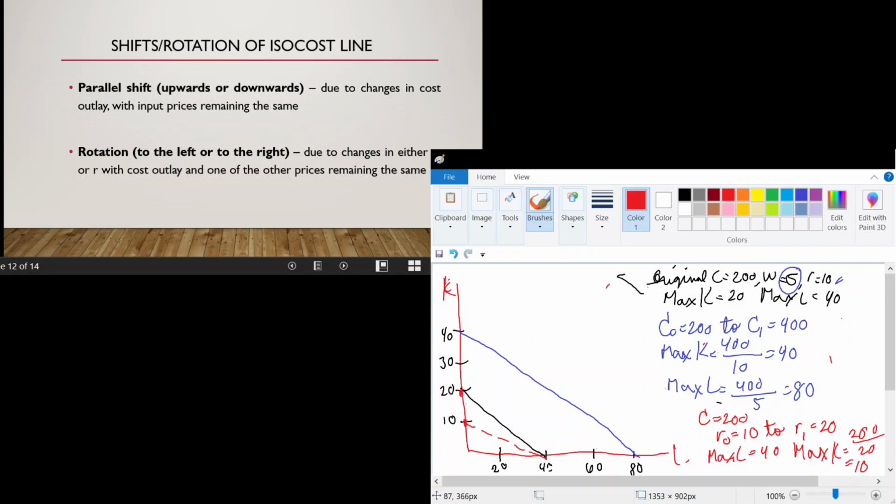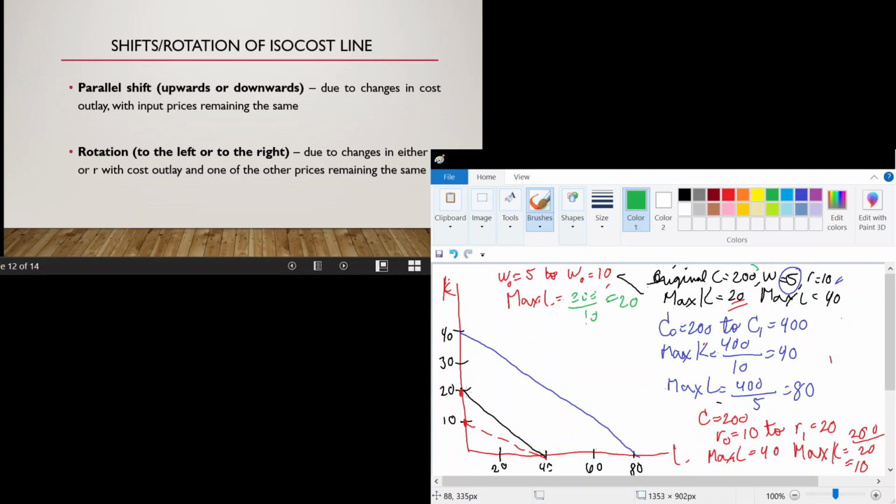How about if yung wage naman yung nagbago? So, we have wage equals 5 to wage equals 10, for example. So, same C is 200 and ang magbabago na lang ngayon is yung max L natin because yung max K natin will remain to be 20. Okay? So, max L now will be equal to 200 divided by 10, it will give us 20.